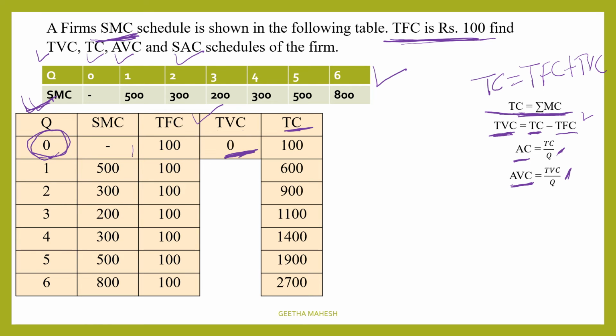Here marginal cost is given directly. We know that total cost won't be 0 when quantity is 0, because total cost includes total fixed cost plus total variable cost. So first let us add these two, total fixed cost and total variable cost.